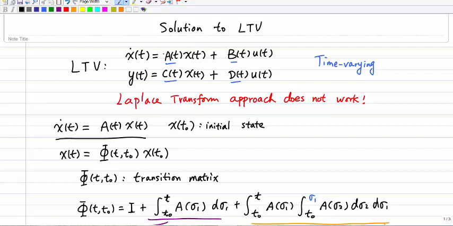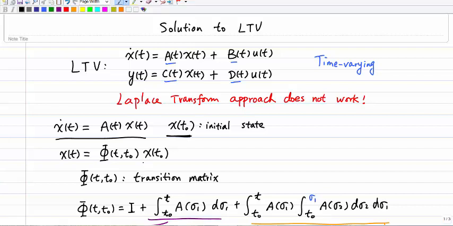Okay, so for this one, if I give an initial condition, x t0, as the initial condition for this differential equation, the solution x t to this equation is given by x t is phi t t0 times x t0.